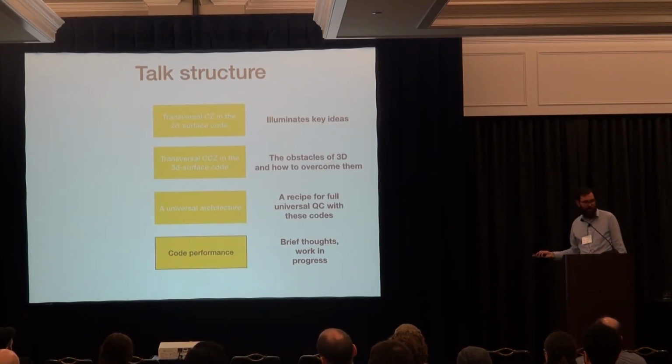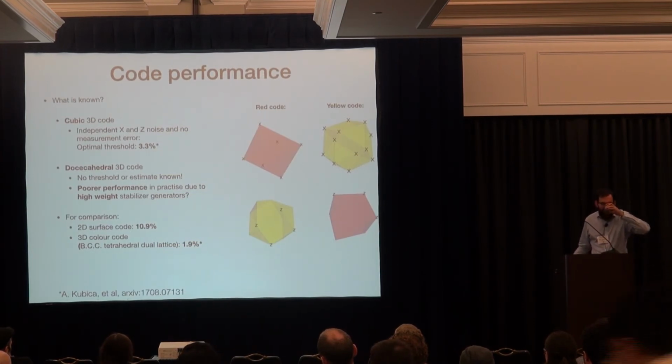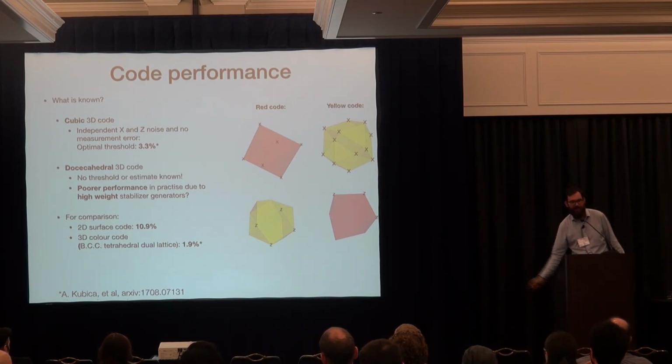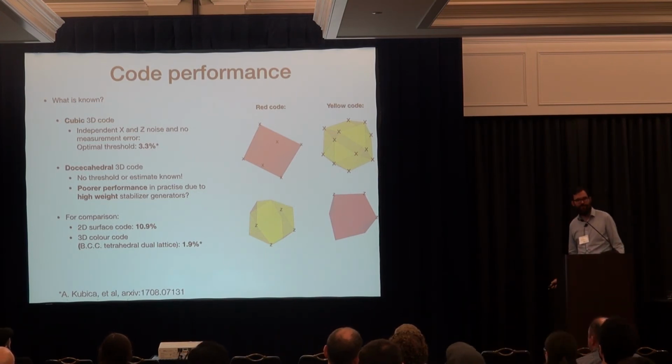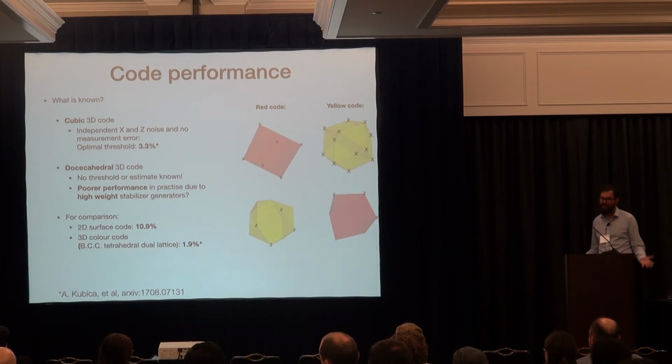So how well will this code work? Well, until a few weeks ago, when this paper appeared on the archive, I was not aware of any work that had been done to identify any sort of error thresholds for the cubic 3D code.